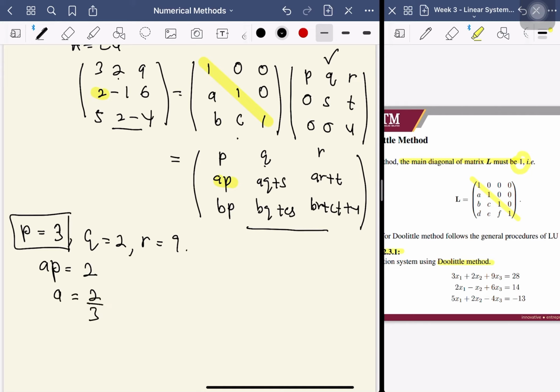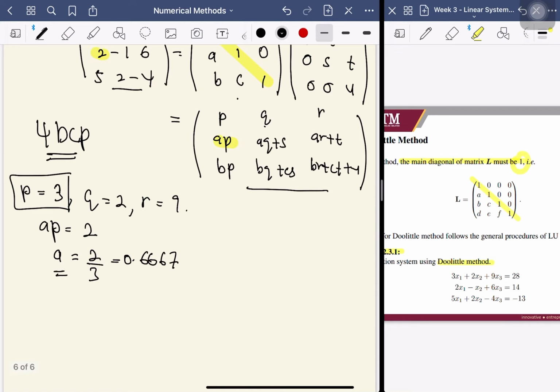Like I mentioned, for this course, the calculation should be in 4 decimal points unless we mention otherwise. I will suggest you use decimal points to get the correct answer. So for this one, we will take 0.6667 as the value of A here.